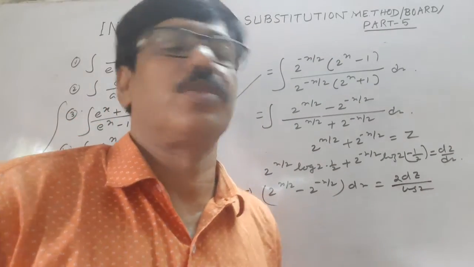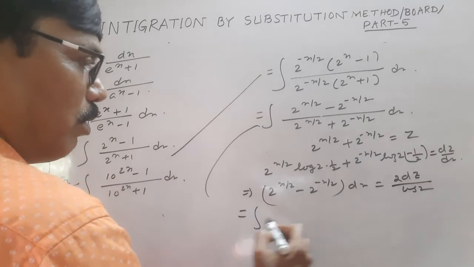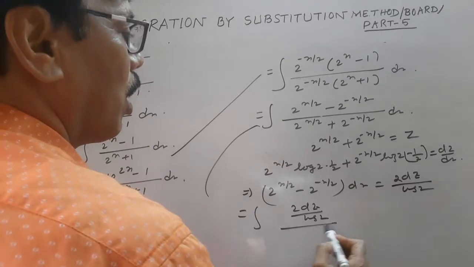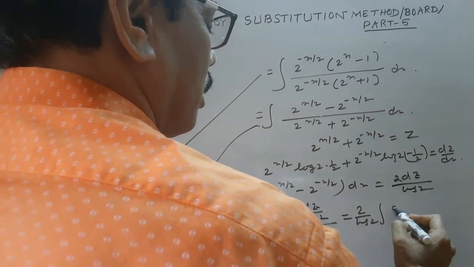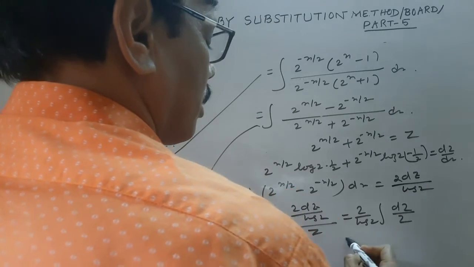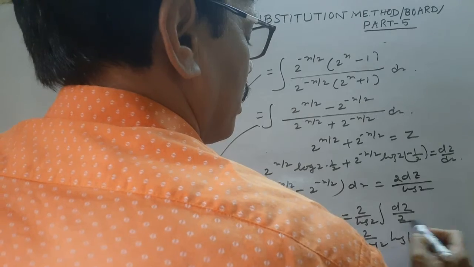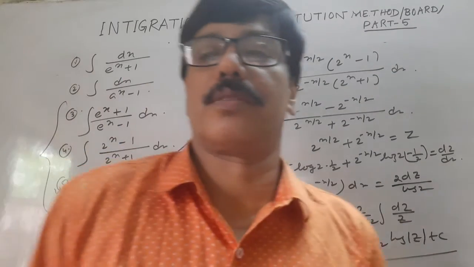Log 2 is a constant. So you are getting, look, 2 dz by log 2 by z. So 2 by log 2 outside, dz by z. So 2 by log 2 into log z plus c, with the full value of z.